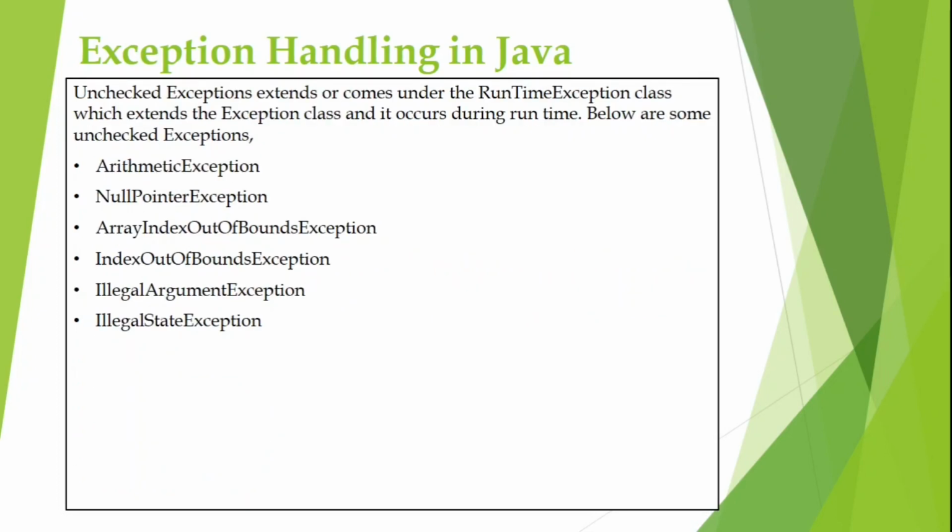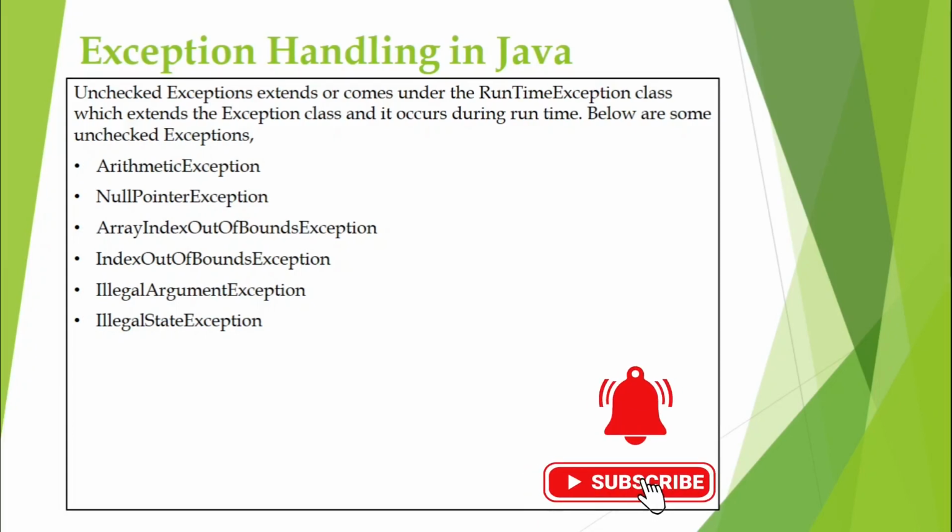And what is an unchecked exception? That comes under the RuntimeException class, which inherits the Exception class. This happens during runtime, and below are some unchecked exceptions like ArithmeticException, NullPointerException, and IndexOutOfBoundsException. These mainly happen because of the programmer's code, so we need to handle all of these using try-catch blocks or throws.